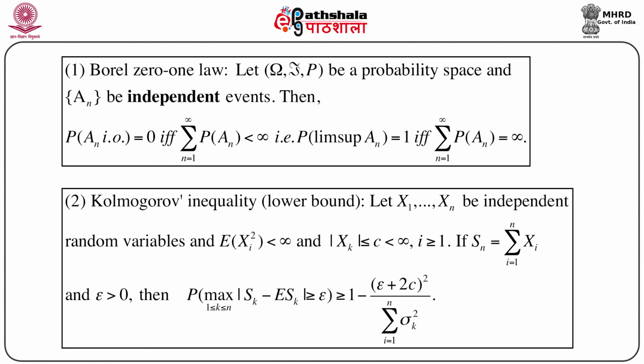Another result is also known as Kolmogorov's inequality, but it involves two things, a lower bound and an upper bound. Here we are going to use only the lower bound, that is why I have stated only the lower bound part.